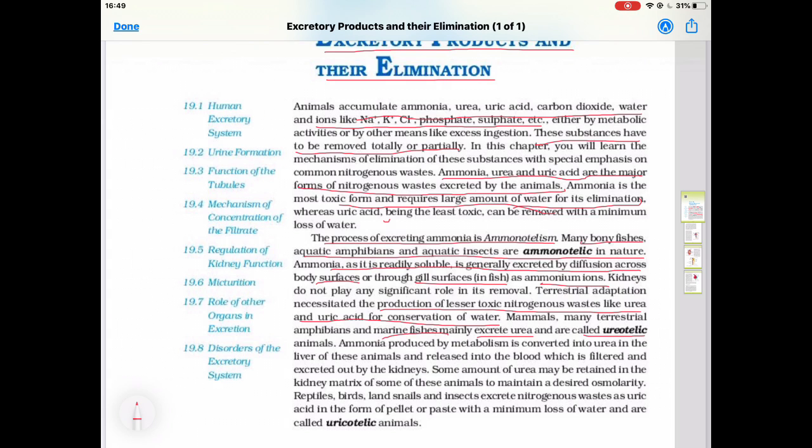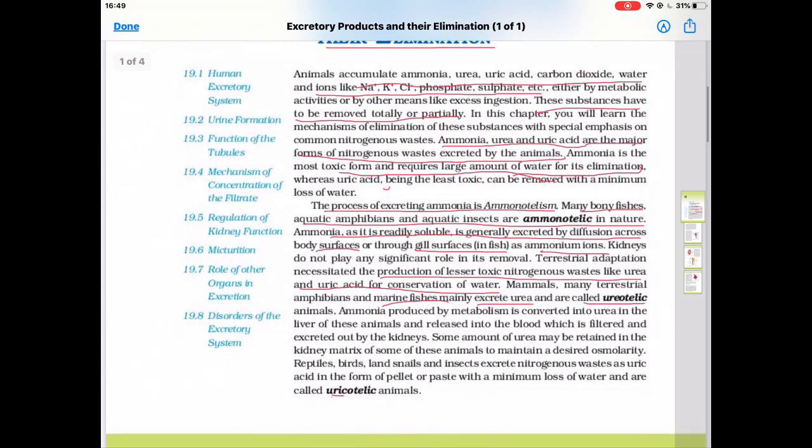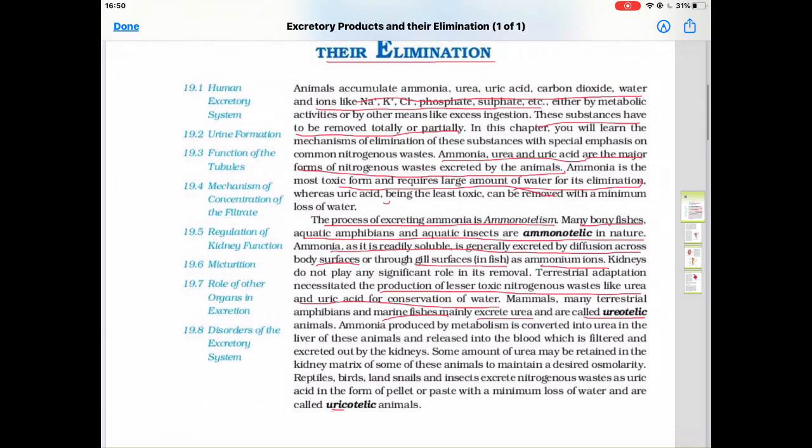The organisms which excrete urea are known as ureotelic, which excrete uric acid are known as uricotelic, and which excrete ammonia are known as ammonotelic. Learn these three definitions. Ammonia produced by metabolism is converted into urea in the liver of these animals and released into the blood, which is filtered and excreted out by the kidney.